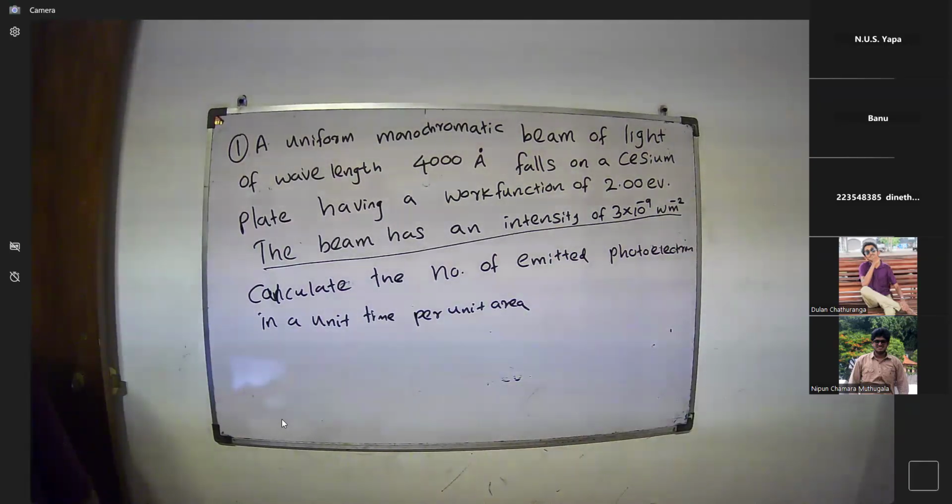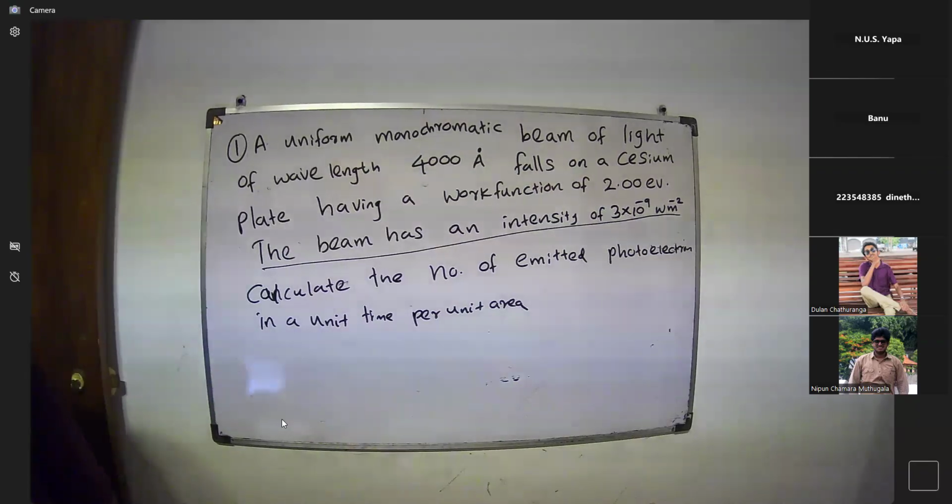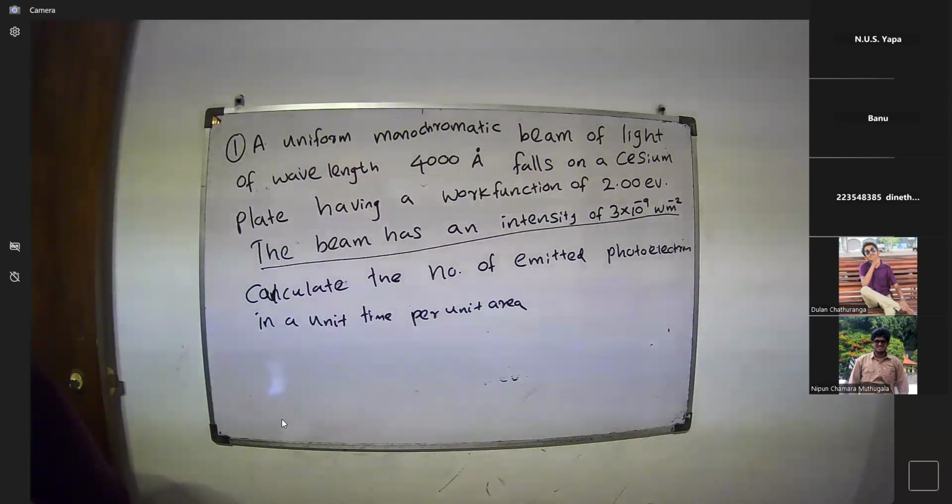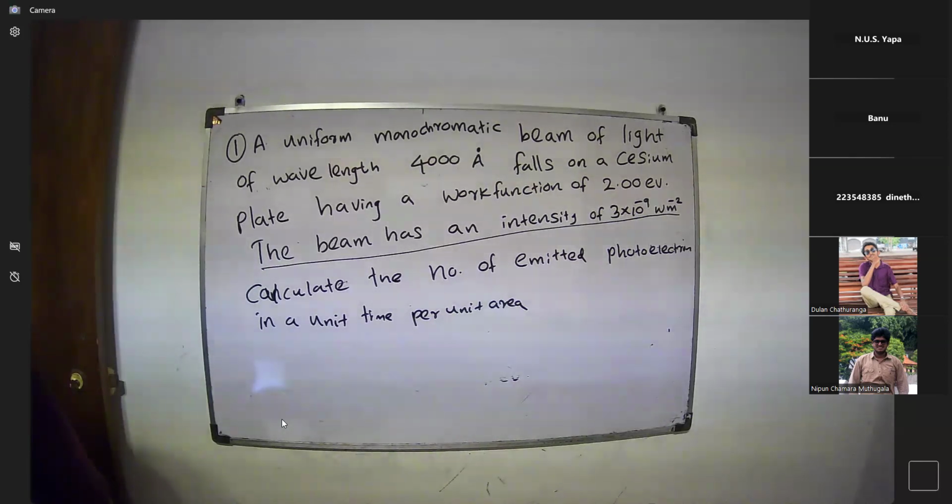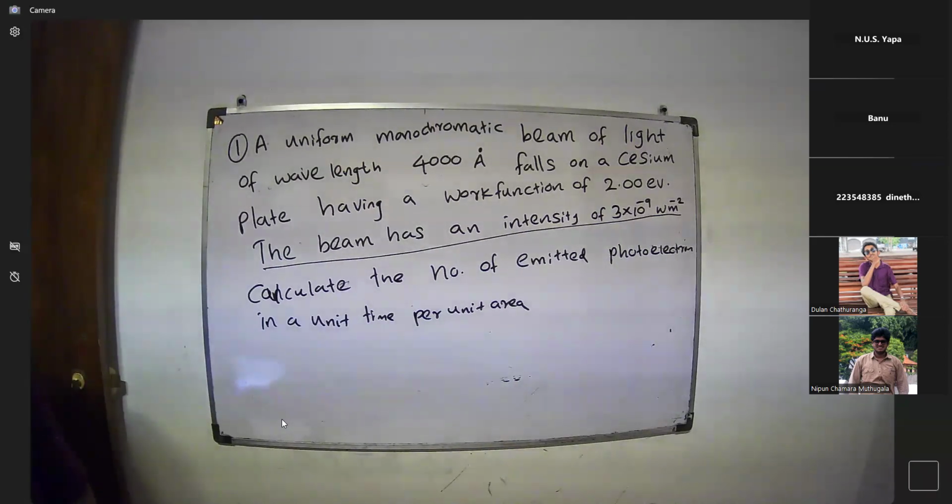We know the energy of the photons. We found it, no? Yes, in the first part we calculated the energy. Then the question asks for the number of photoelectrons.